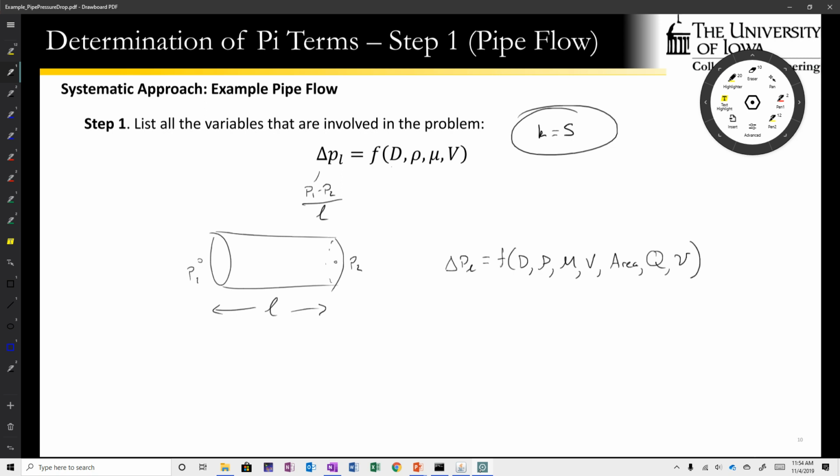They're all different variables, but when we start to inspect these, you see the area, we can get that from the diameter. So it's not independent. The flow rate, well, we can get that from the mean flow velocity and pi d squared over 4. So that's not independent. Kinematic viscosity is simply dynamic viscosity over rho, so that's not independent. So those are all superfluous. They shouldn't be included. We should cancel those out so that we have a set of k independent dimensional variables.